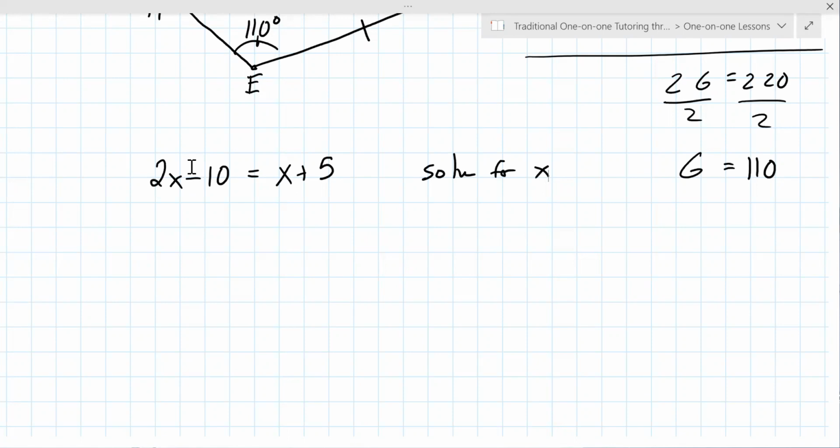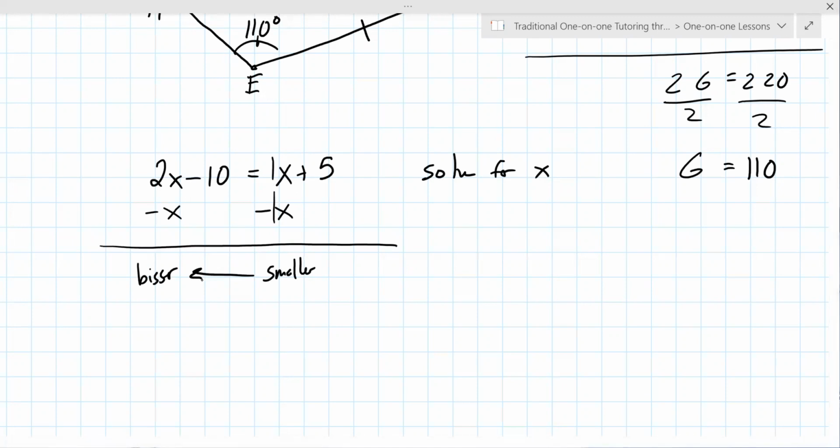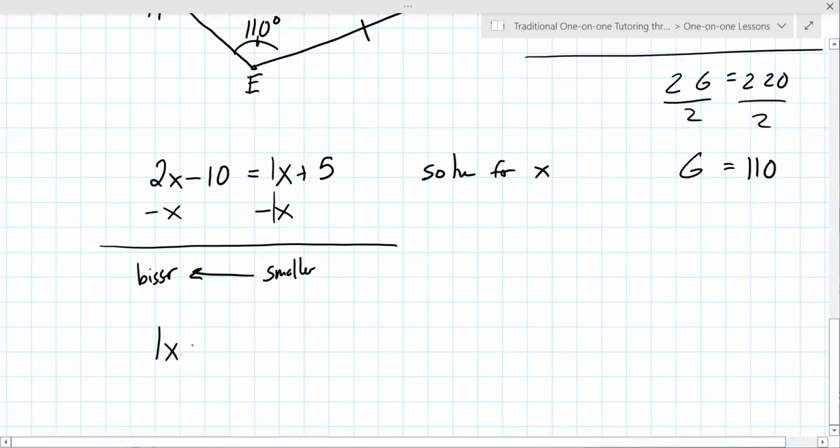You're going to subtract x from both sides. Just x? Yeah, there's one x, so you subtract it. You always move the smaller to the bigger. So what is 2x minus x? 1x minus 10 equals 5. I want you to solve it from here.